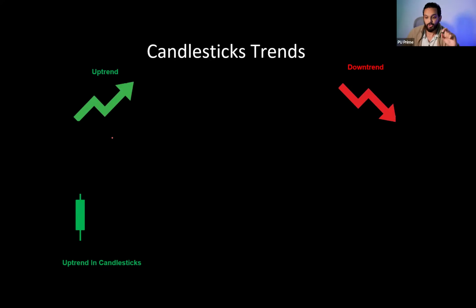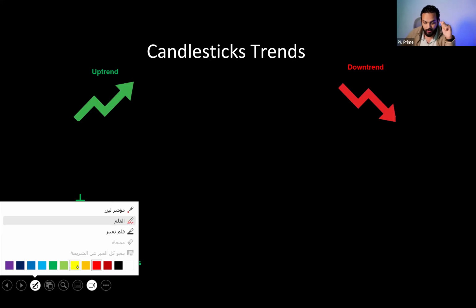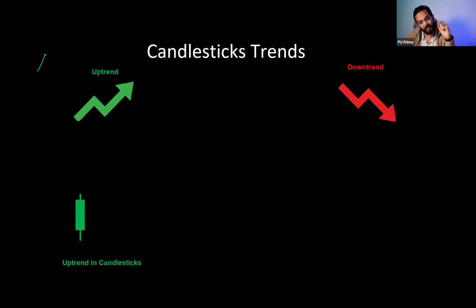In order to make sure that the price is going to continue in the uptrend, remember that I just told you that in the uptrend we must create a new high. So there is a high, and we must create a new high. As you can see, this is the high of the candle.